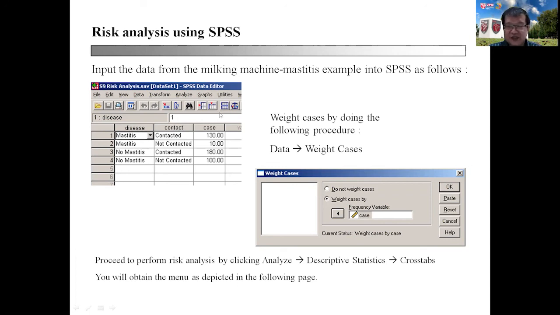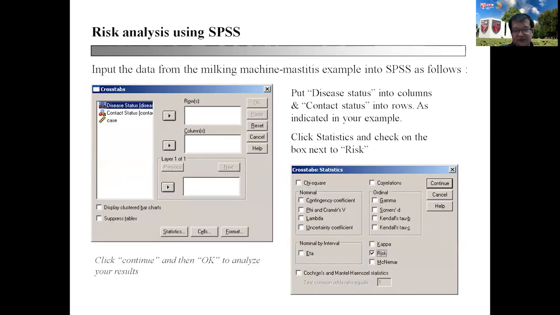So before you do this, you need to weight data to tell the computer that there are 130 cases of mastitis with contact with the salt machine, 10 cases of mastitis due to non-contact with the machine, and so on and so forth. Otherwise, it will not be able to give you the accurate representation and values during your risk calculation.